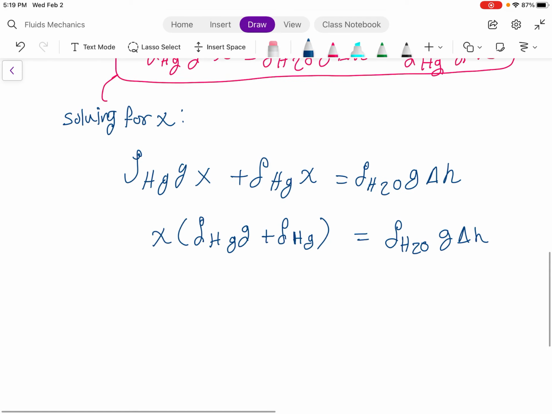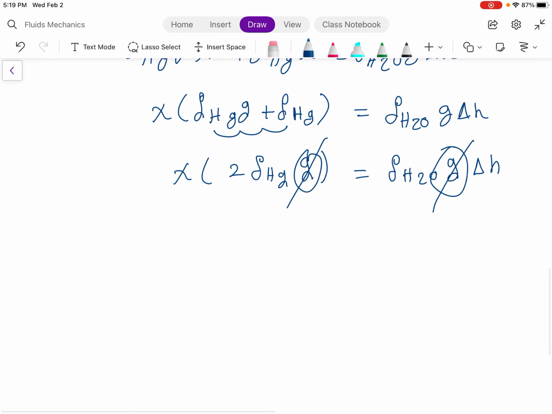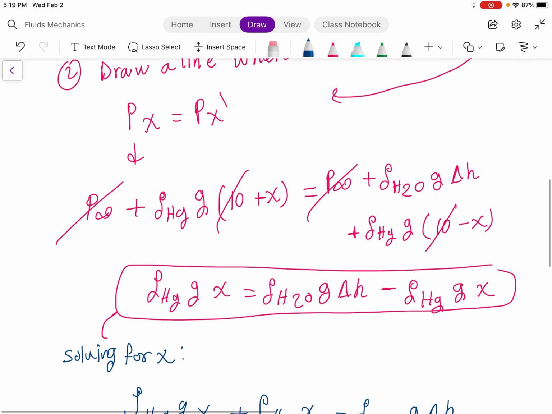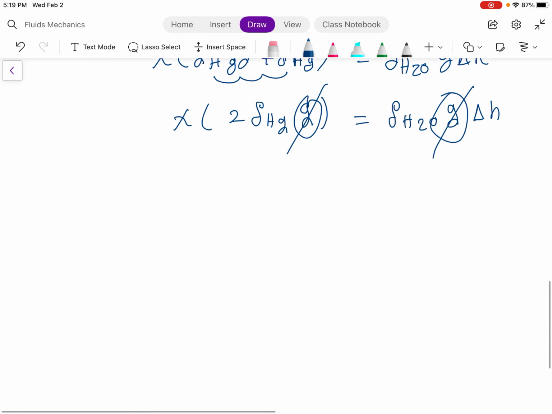Alright. And then X. This is 2 rho G, and this is G, gravity. This is equal to rho H2O, water, G delta H. As we can see, we can cancel the G from both sides. Sorry for scrolling down and up.